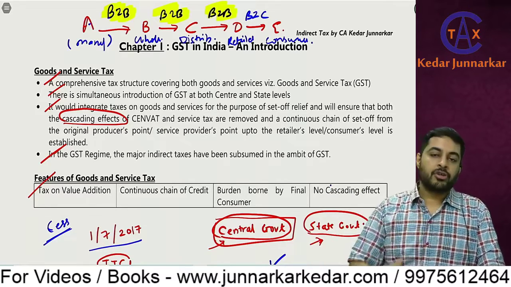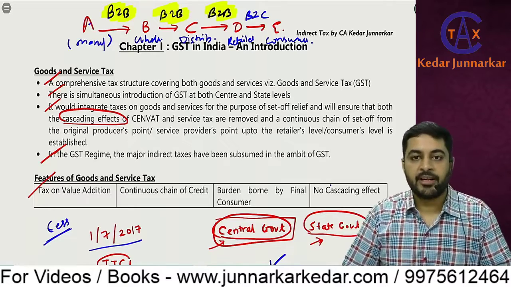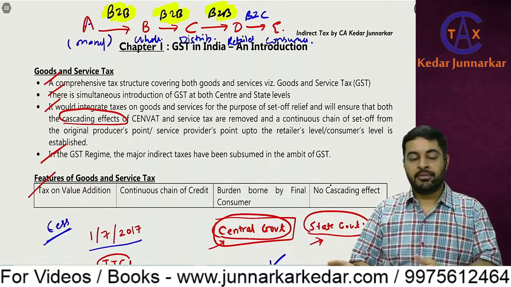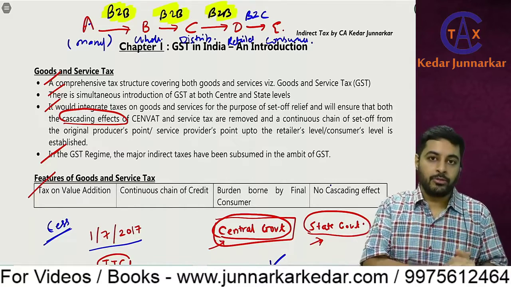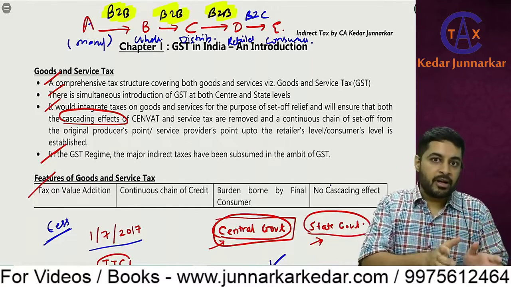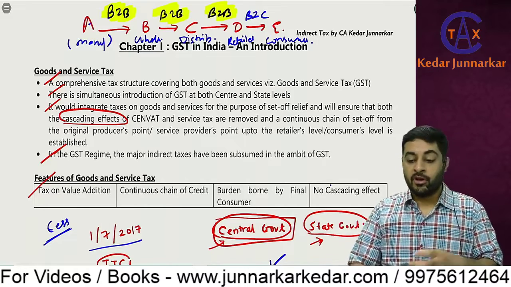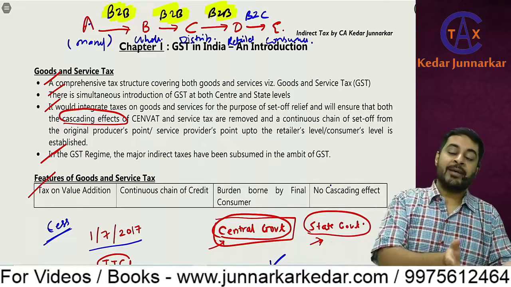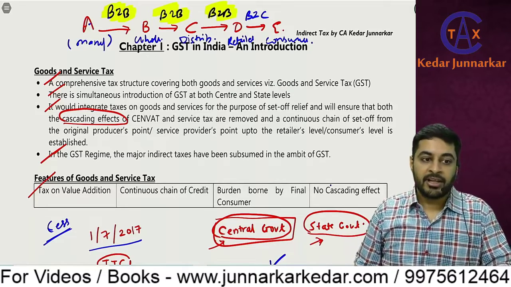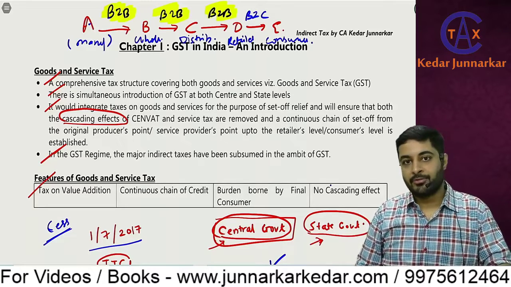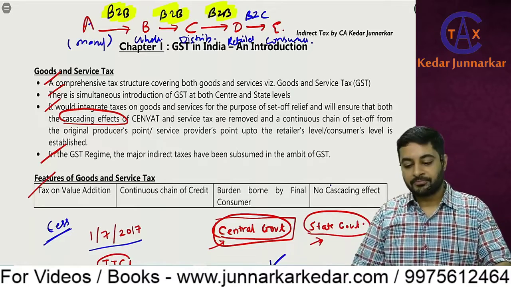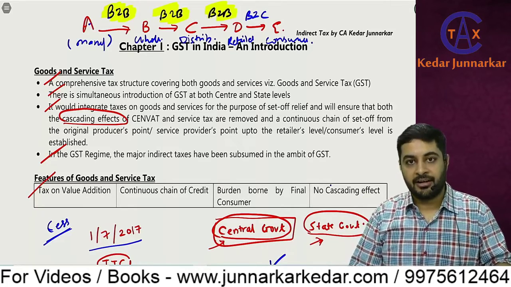But if I go to a shop or visit a website and purchase an iPad for my own consumption, my own use, even if I'm in business, this is not a product I'm going to use in the business. So now my role changes and I become a consumer. If it is for my personal use, I'm not going to get the input tax credit. So ultimately, the ultimate consumer does not get input tax credit.